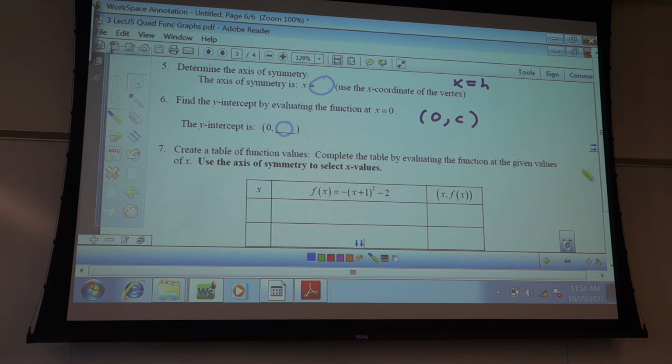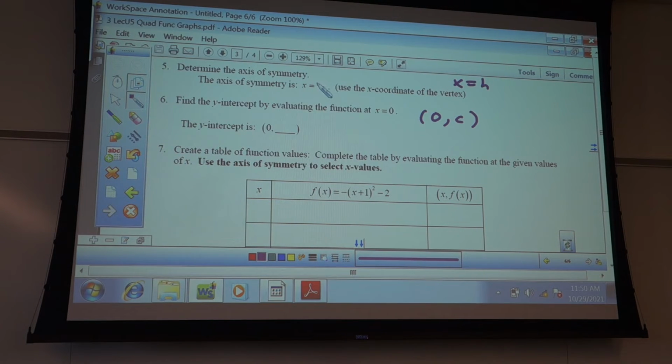So what was our h? What's our vertex again? H is what? -1. And what's our C? -3. And we found both those just a few minutes ago.